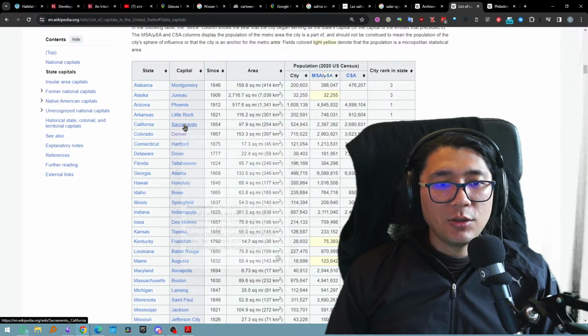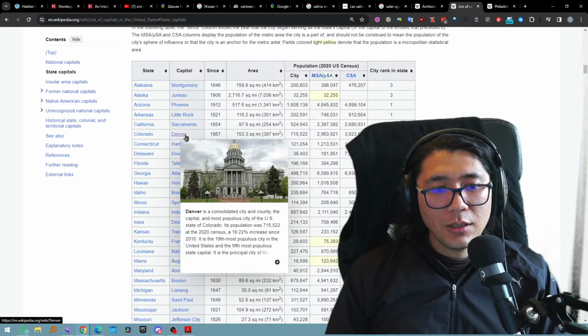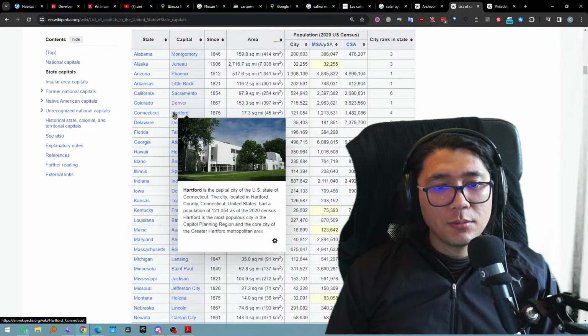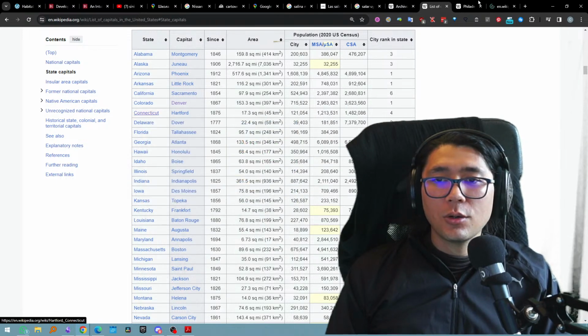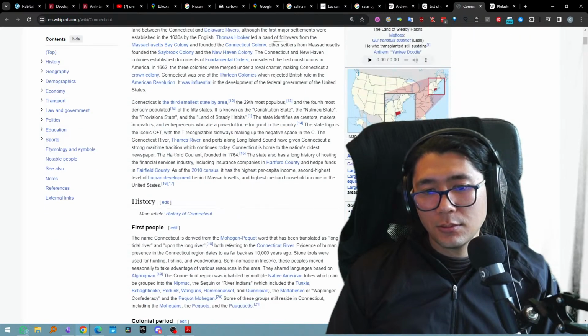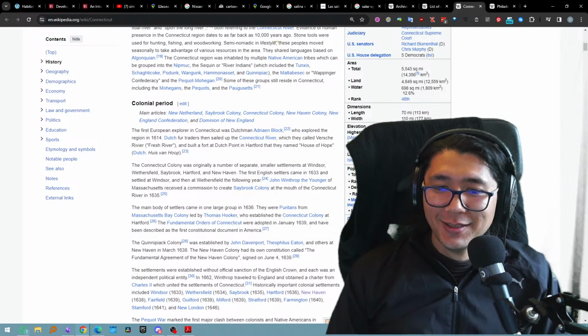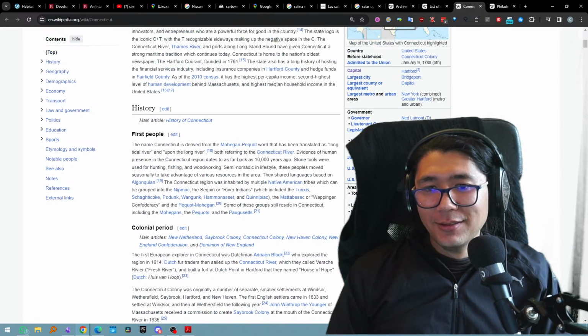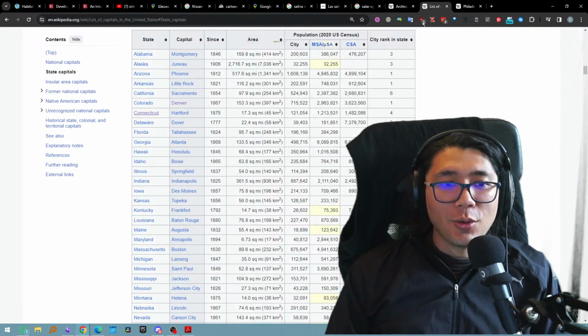Capital and most populous. Sacramento, definitely not. Denver. I don't know Denver. Capital and most populous. Okay. Hartford. Capital, but I guess it's not the most populous. Connecticut. Largest city, Bridgeport. Didn't know that.